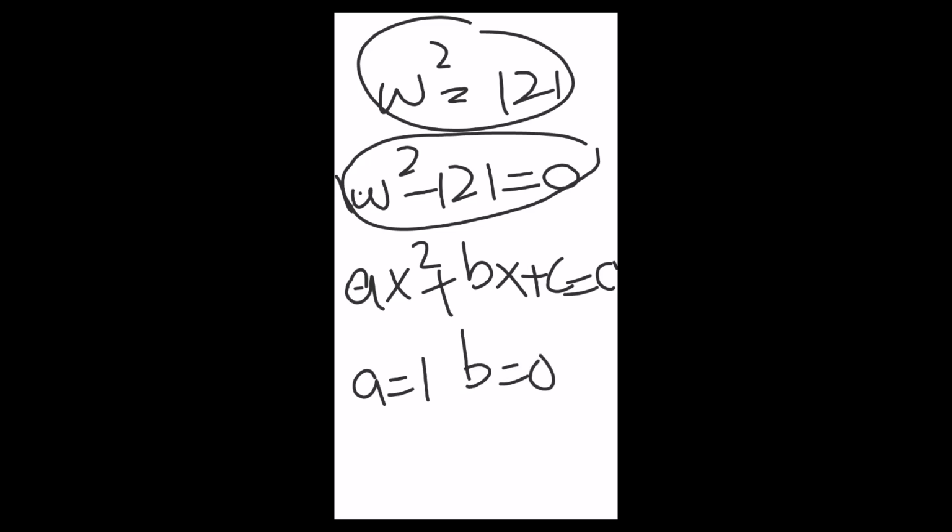And why did I write b equals 0? Because b doesn't have any number, isn't it? Can you see any variable, any term with the b? If you don't see, you simply write b equals 0. And what comes after b? That's c, and you see that c equals minus 121. Okay, so are you clear with this?